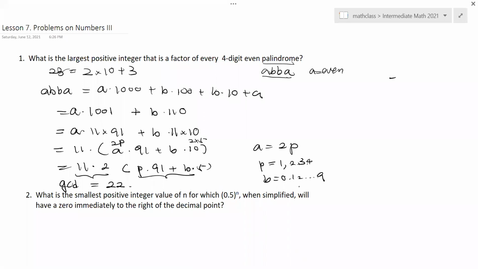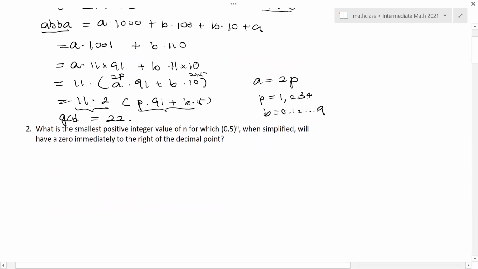So from this example, we know how to express an integer using its digits. Now our next problem is: what is the smallest positive integer n for which 0.5 to the power n, when simplified, has a 0 immediately to the right of the decimal point?